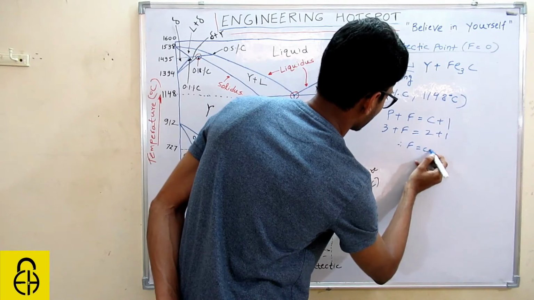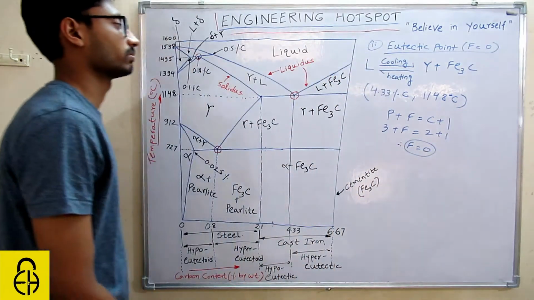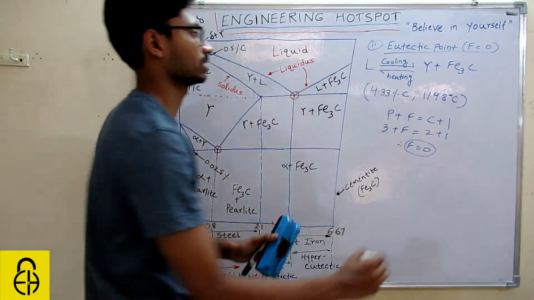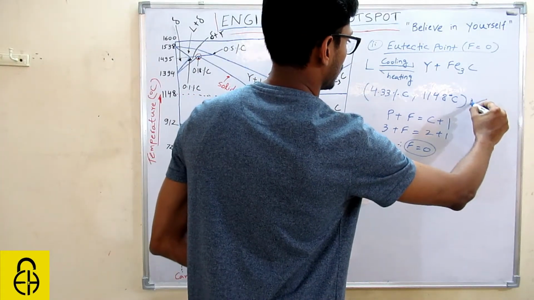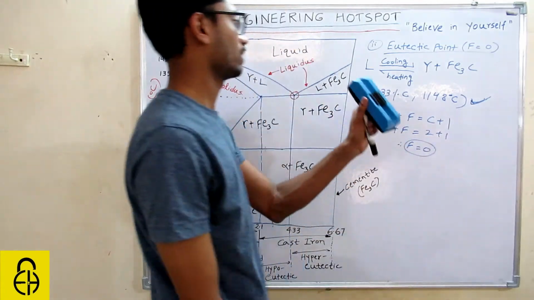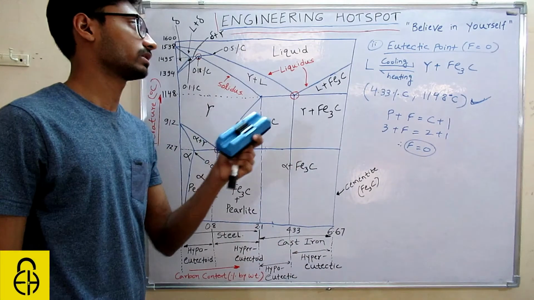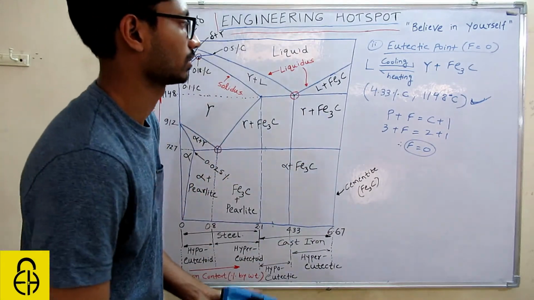So again, F is 0. That means you can achieve the eutectic point only at this condition. This is very important. In the iron carbon diagram, only if you reach this point can you get this eutectic reaction.